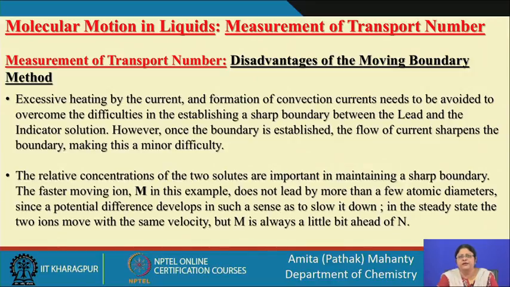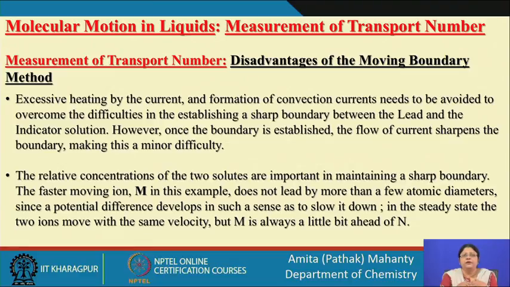Then you have convection currents generated in the electrolyte system, which needs to be avoided, because what you are monitoring here is a sharp boundary between the leading and the indicator solution. If the boundary is not sharp, you will have difficulty in reporting the transference or transport number.